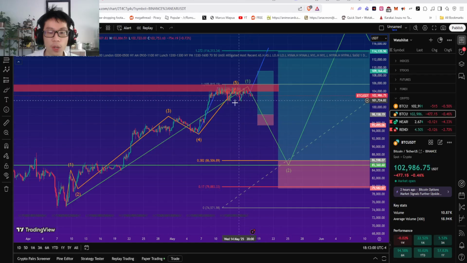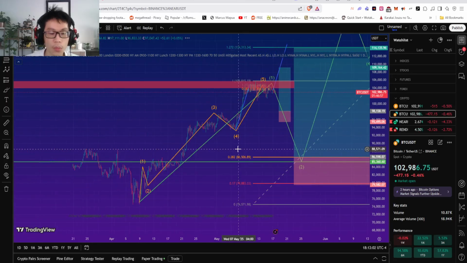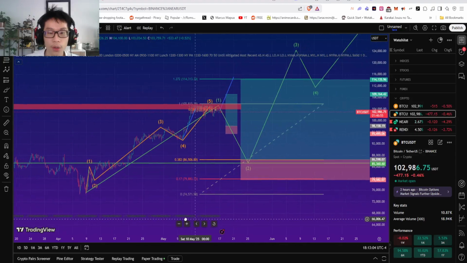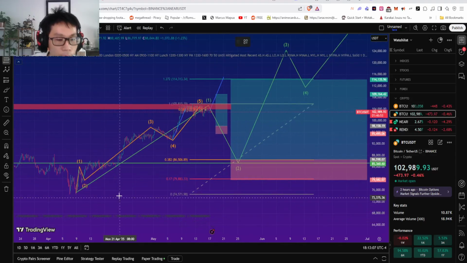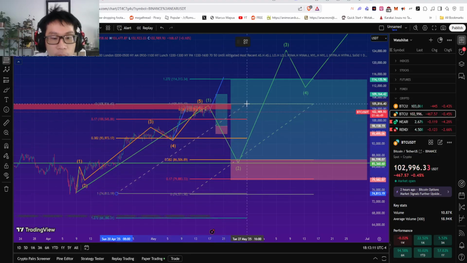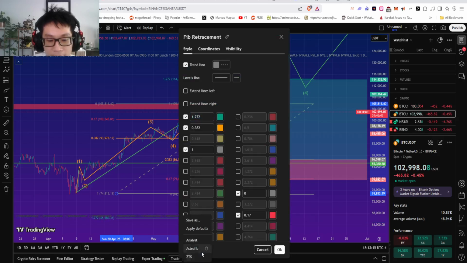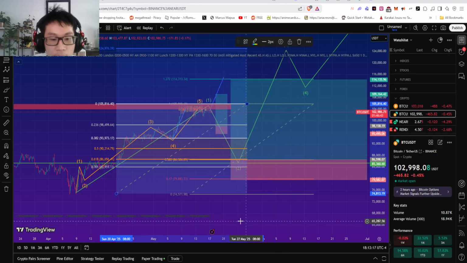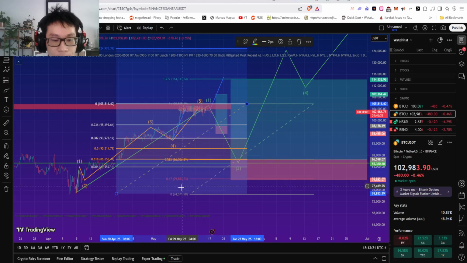So if this is wave 5, you could tell that if we fib from low to high, I gotta use not the ZTS fib. If we swing low to high, you could see that we have a 618 entry here.